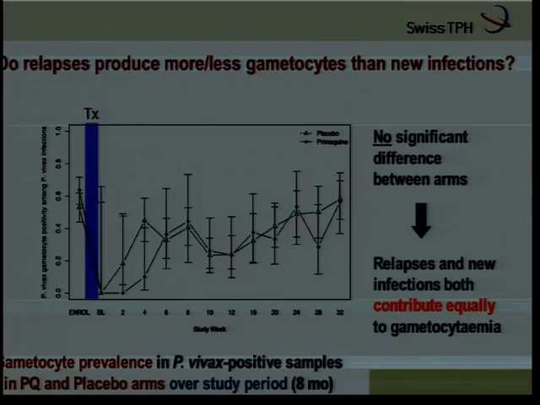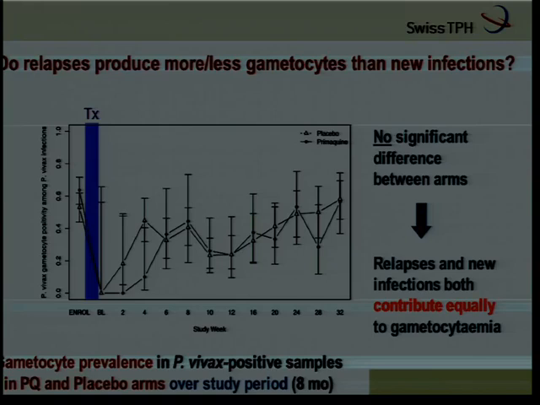We further were interested in studying how much relapses contribute to gametocytemia compared to new infections. So this could be assessed by comparing the 2 study arms. But we looked here only at the Plasmodium vivax positive samples in the 2 arms, and obviously these were much less in the primaquine treated arm.